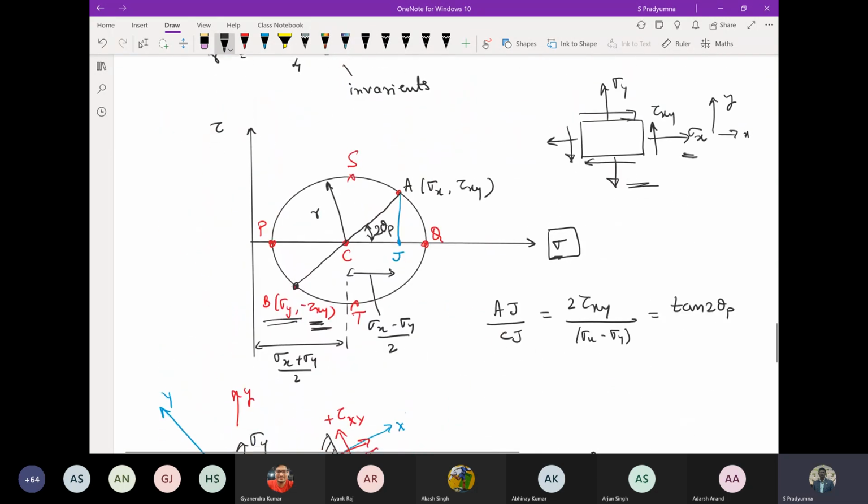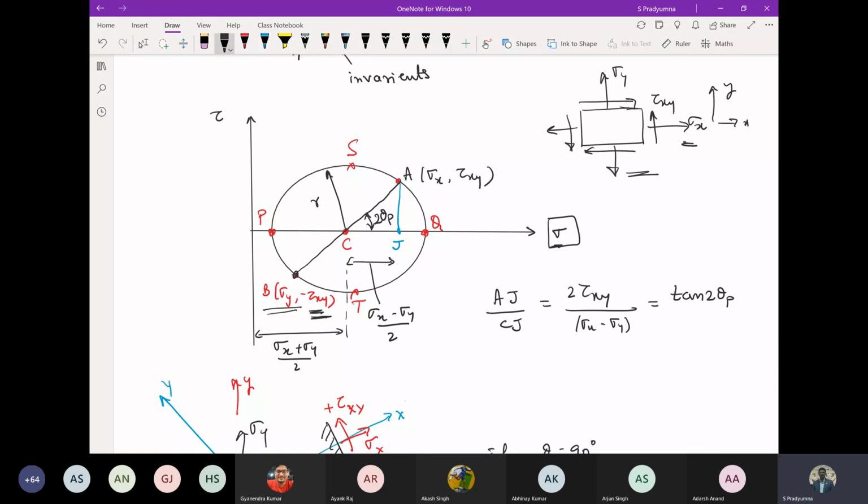So that is obtained in the Mohr circle as well. So S is the point at which the shear stress is maximum, that is the radius of the Mohr circle, and the associated normal stress corresponds to point C, the center of the Mohr circle. So the same thing we discussed for three Mohr circles, right?